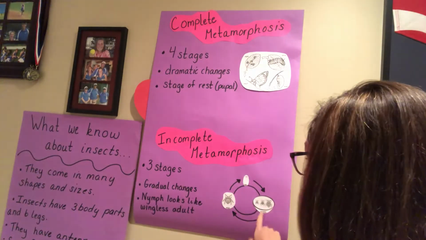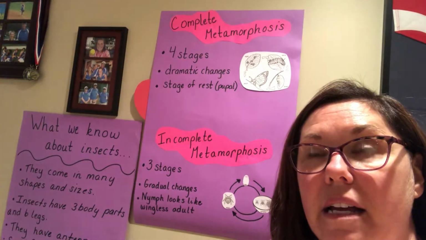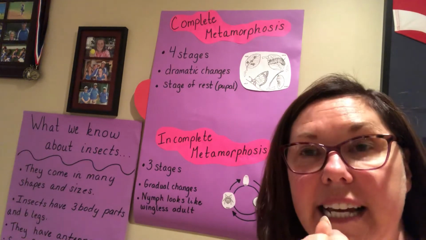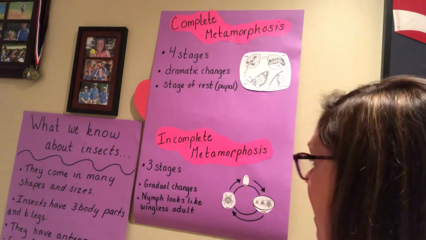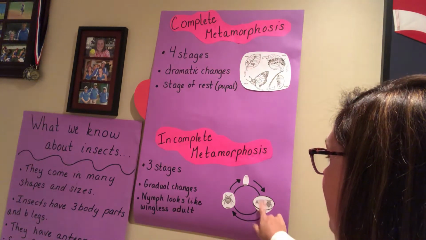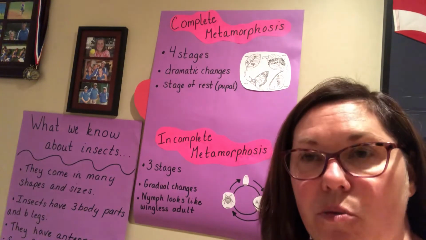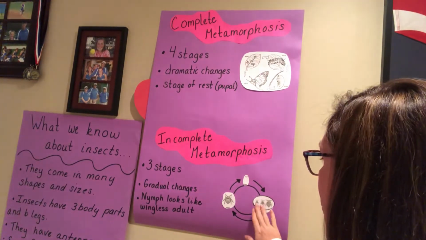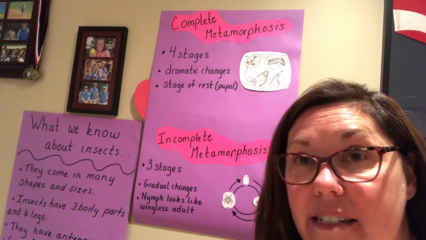And the nymph stage is when the nymph looks like the adult. It does some changing itself, and it's a wingless adult, but it has the same basic shape as the adult would have. And then it will grow larger, and it will get its wings.